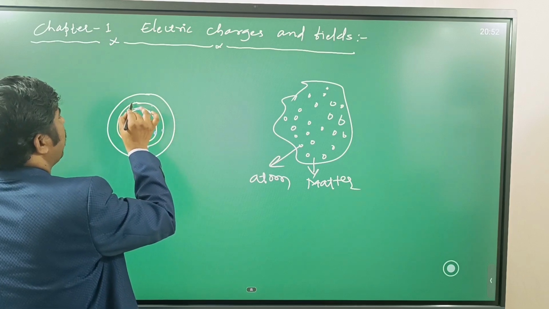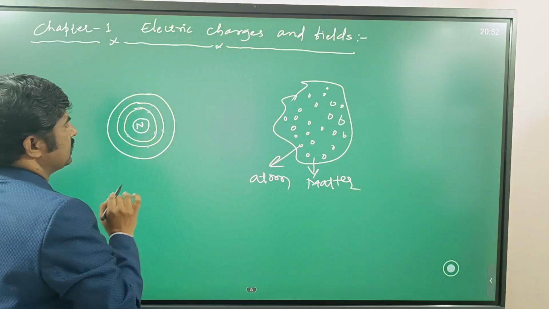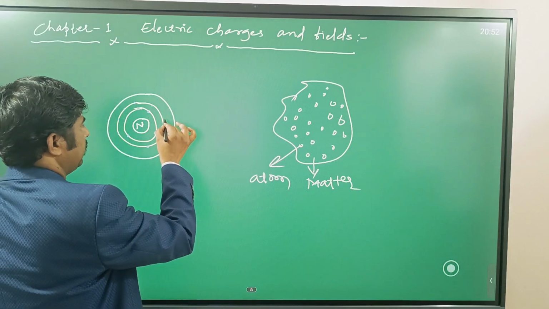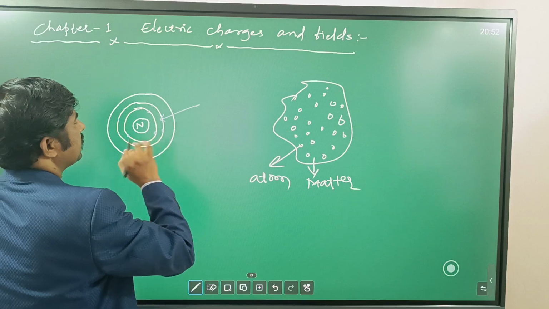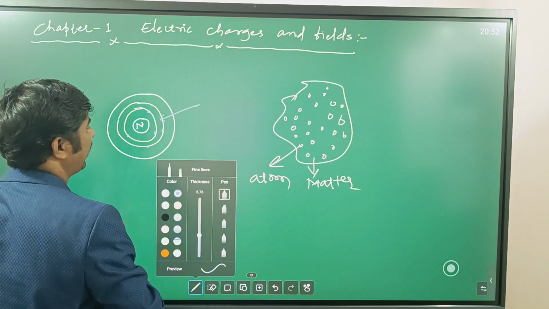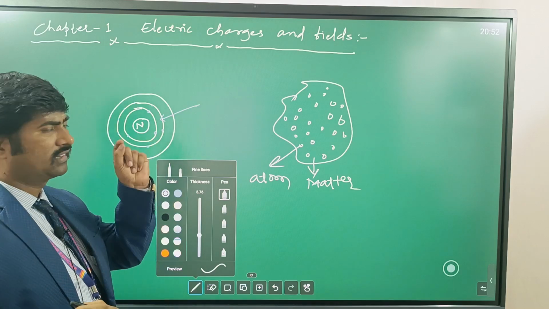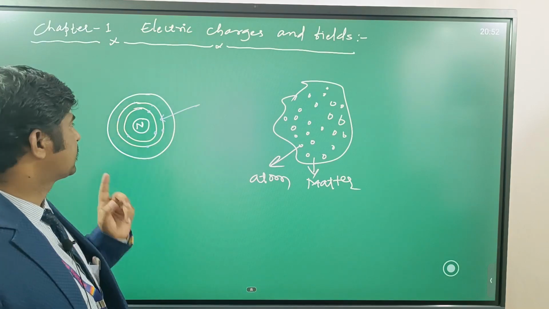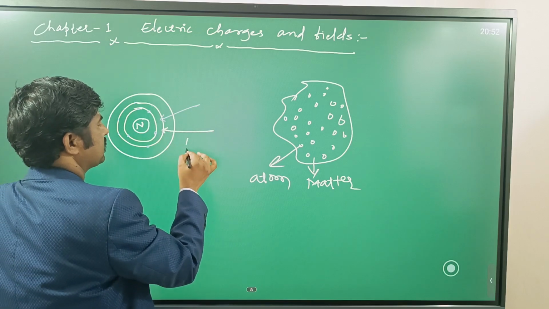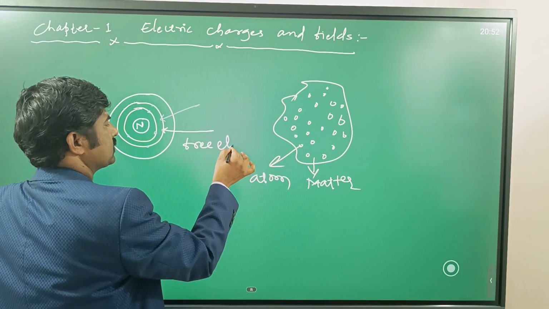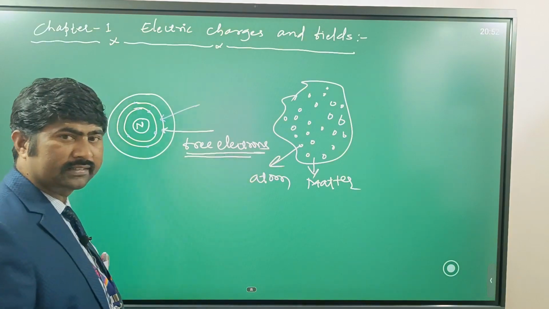Like that we have a number of electrons revolving around the nucleus. If I say this is the last orbit, this orbit we call the valence orbit, or you can say the electrons present in the valence orbit are called valence electrons, or these electrons are also named free electrons. These free electrons play an important role in the conduction of electricity.